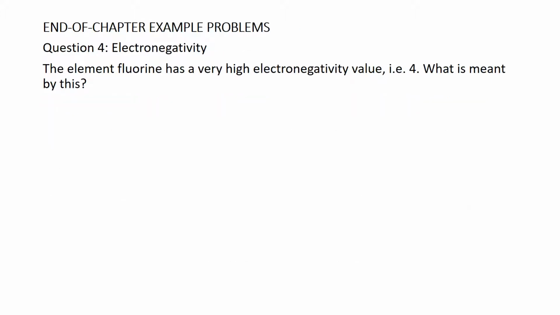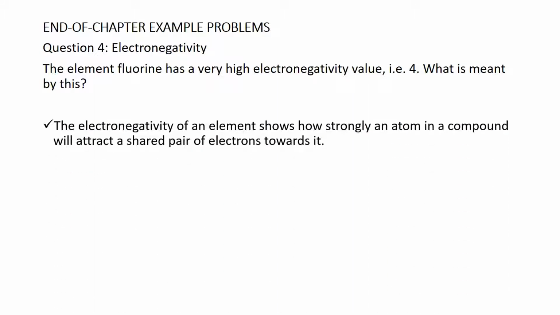Let's move on to an example on electronegativity. The element fluorine has a very high electronegativity value of 4. What is meant by this? So what does a high electronegativity of fluorine mean? Electronegativity of an element shows how strongly an atom in a compound will attract a shared pair of electrons towards it.